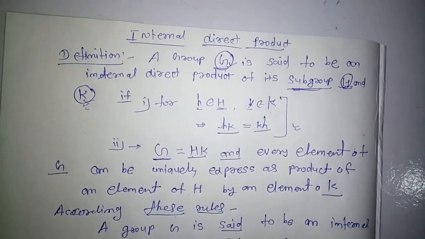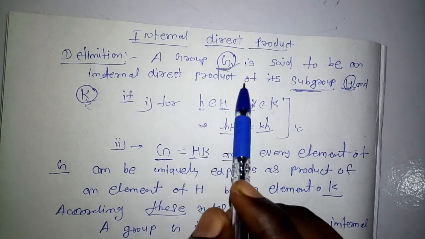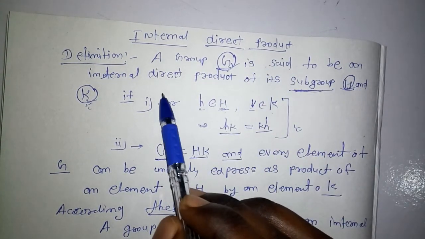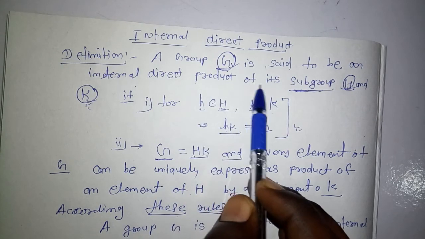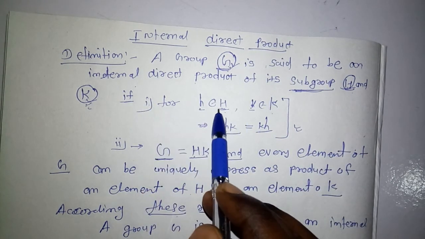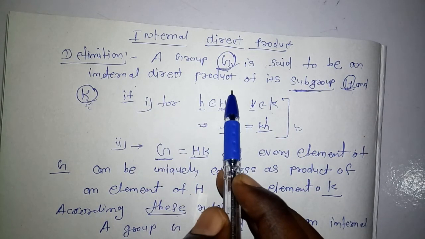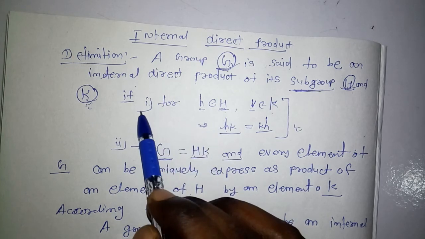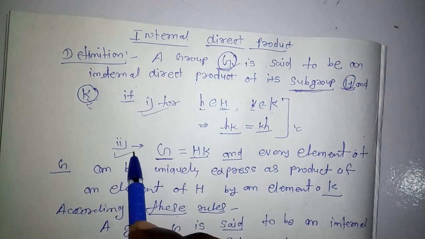First one is, let's see again here, G is said to be the internal direct product of its subgroups H and K. H and K are subgroups of G. Okay, students, first property here and second property here.